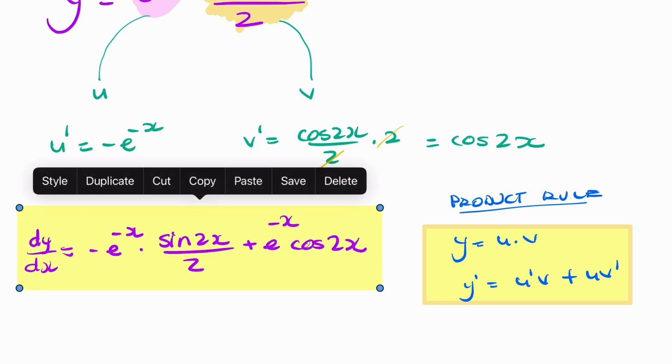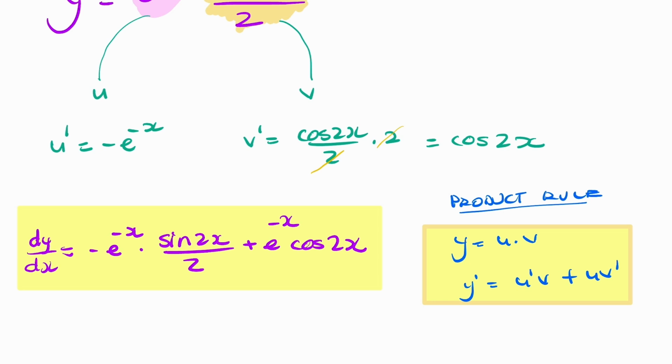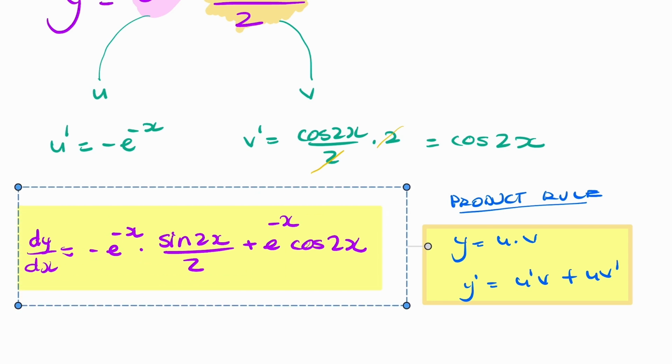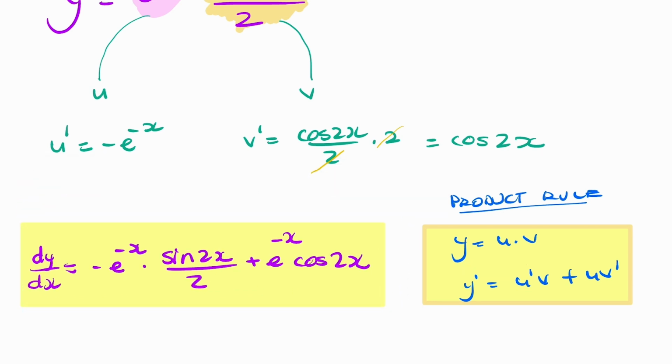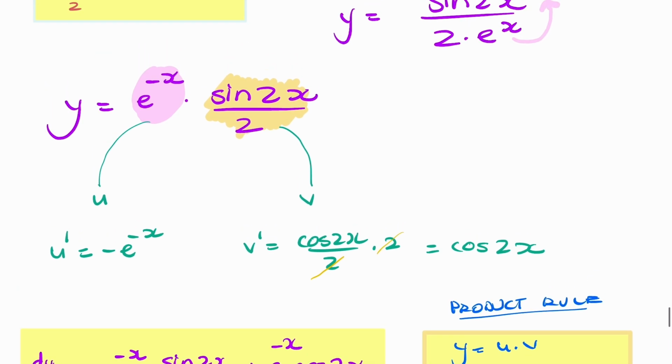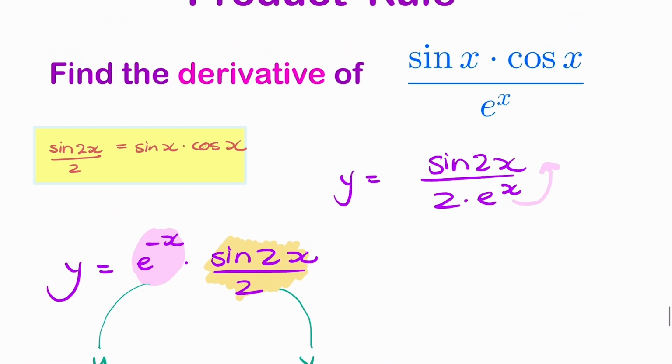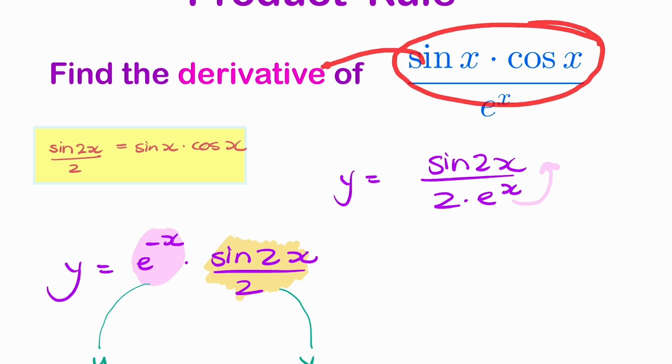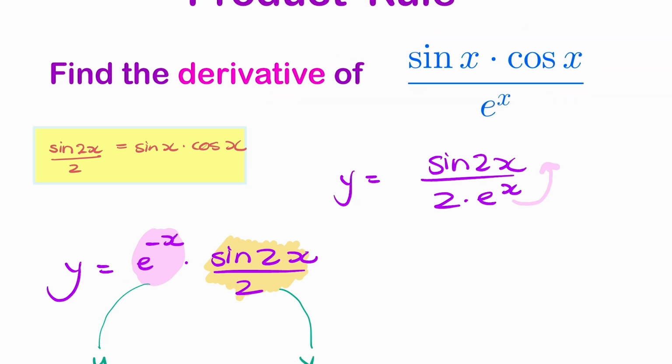So you could have achieved the same result by using the quotient rule, but maybe that's a little bit more work, so it's unnecessary. The trick in this question really was to realize that this gives you sine 2x using the double angle formula.